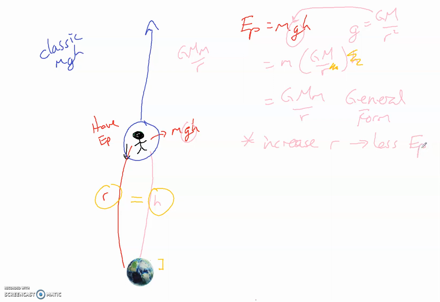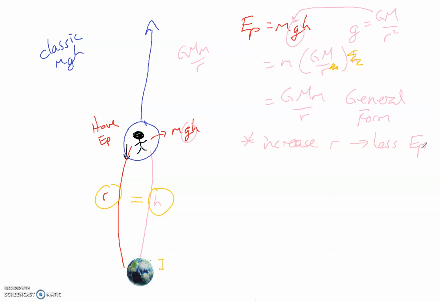Now this actually makes sense, because if you go farther and farther away from a planet or the sun or whatever you want, there's less potential for it to pull you back. The closer you are, the easier it is for it to do something to you. So the farther away you go, there's less potential for something to happen. There's less potential for it to pull you back. You have less potential energy. Okay, so that's an important distinction between the two.